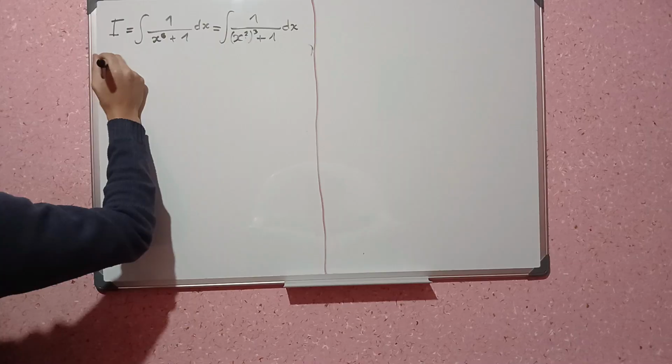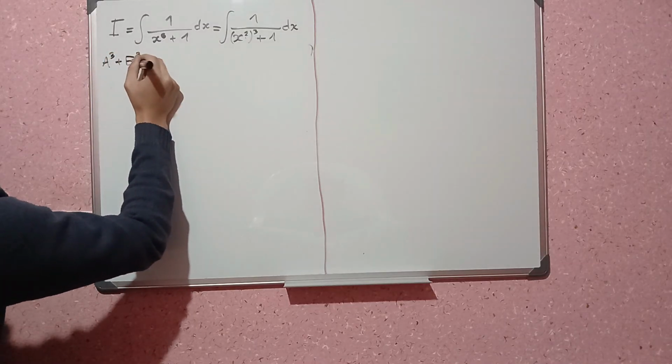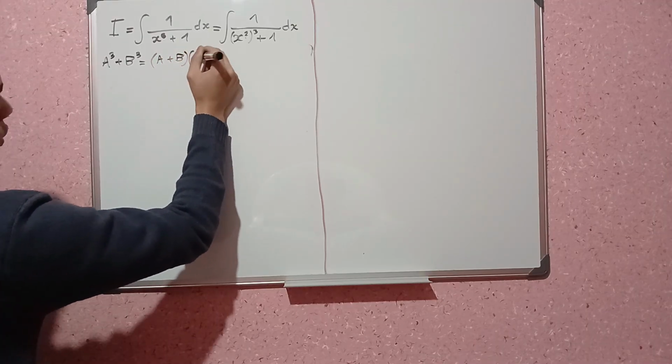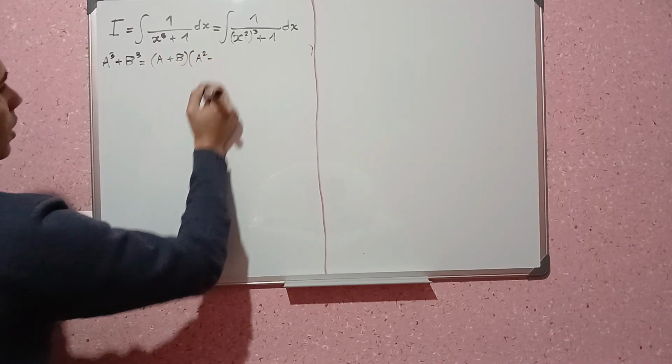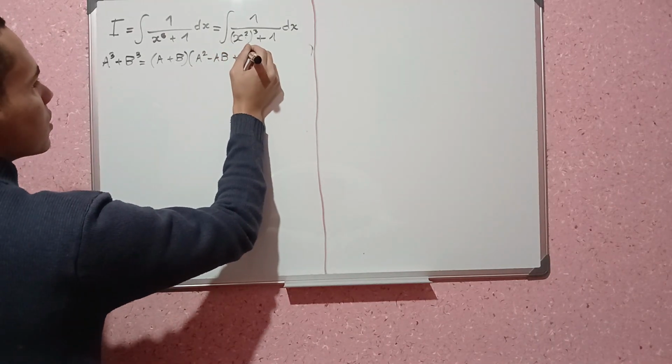And we know that a cube plus b cube equals a plus b multiplied by a squared minus ab plus b squared.